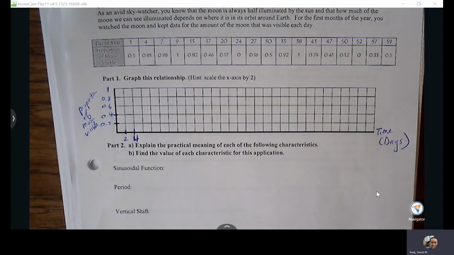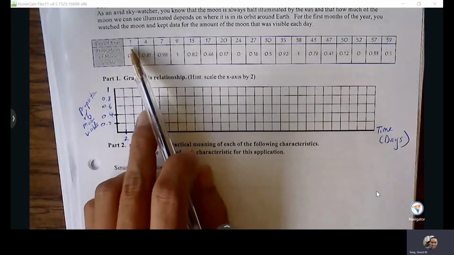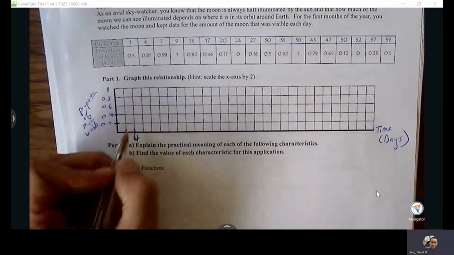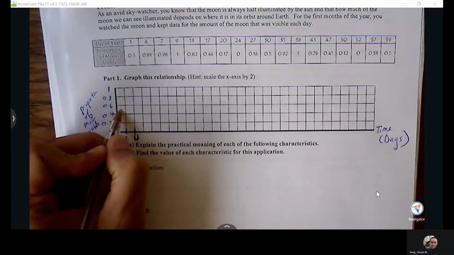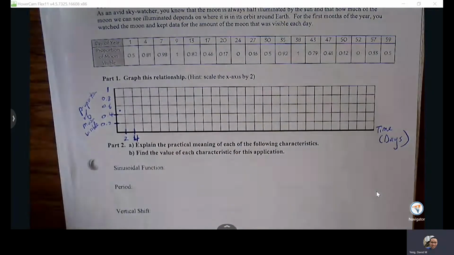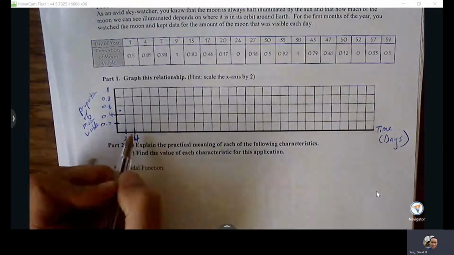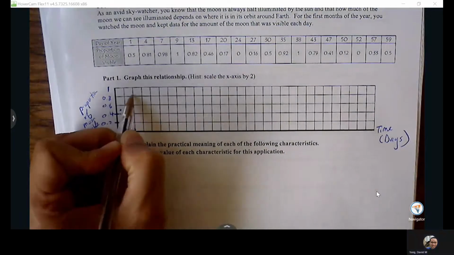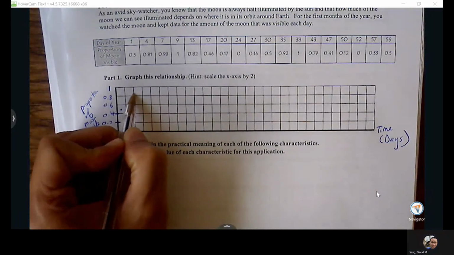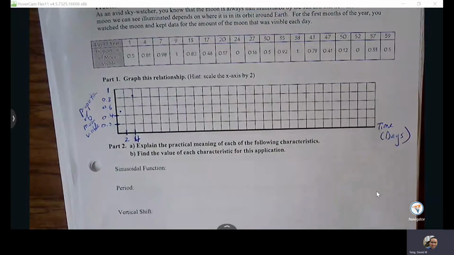Okay, so now we're going to start plotting the points here. So day 1, 0.5. Day 4, 0.81. You're going to go down the line and plot the points all the way to ordered pair 59, 0.5.